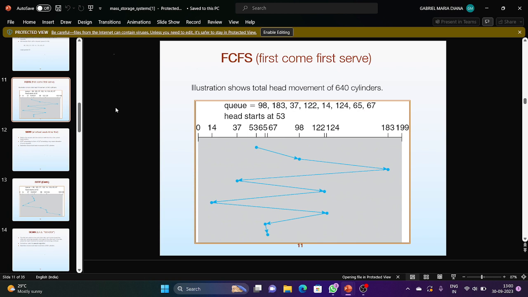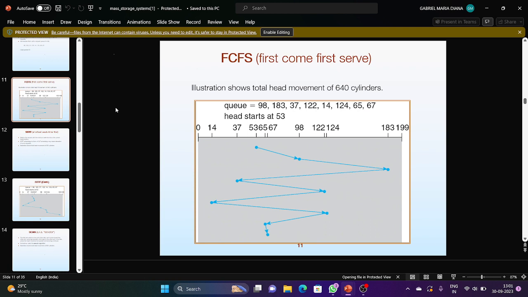Let us assume that the read write head is first pointing to 53. After 53, the next process in the queue is 98, so it starts serving the 98 process.